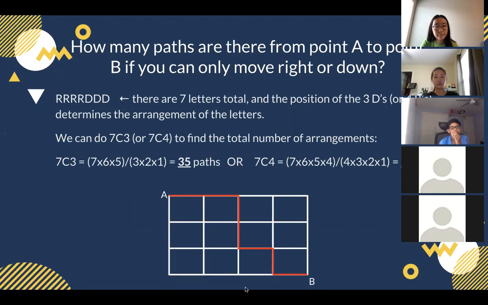Do you guys remember from our last class how to do this kind of question? Yeah. It's going to be 7 times 6 times 5 times 4 divided by 4 times 3 times 2 times 1, which is 35.